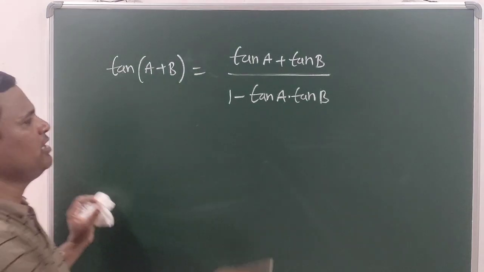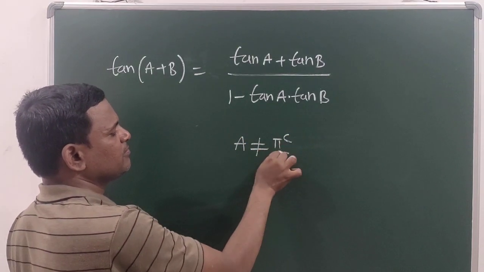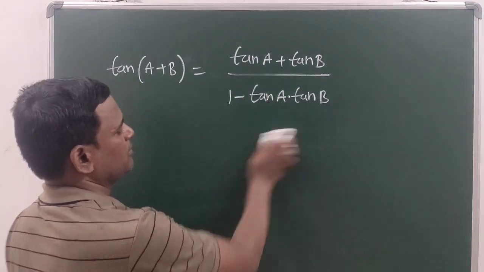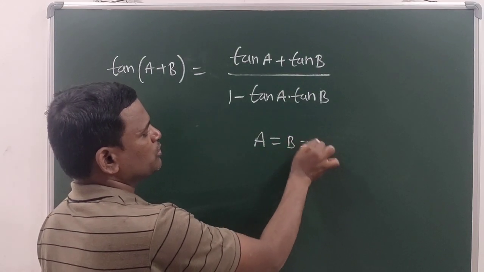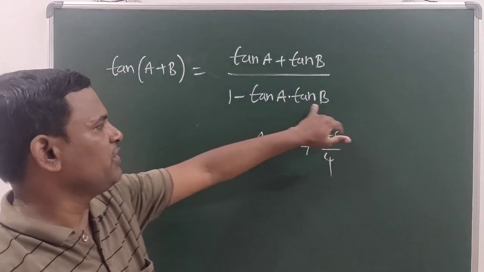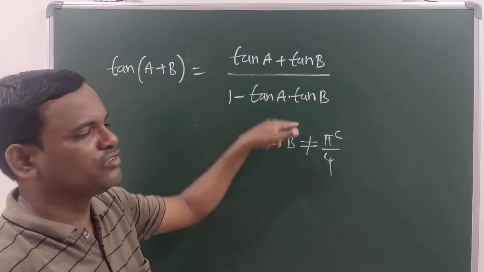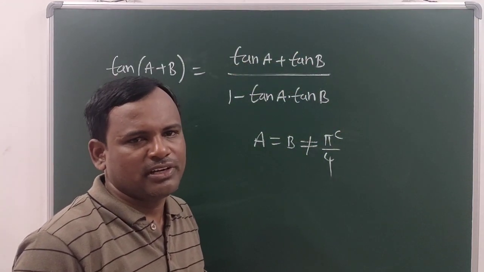But observe that A and B both should not be 45 degrees. Because if it is 45, 45, tan 45 is 1, tan 45 is 1, 1 minus 1 is 0, something by 0, not defined case will come.